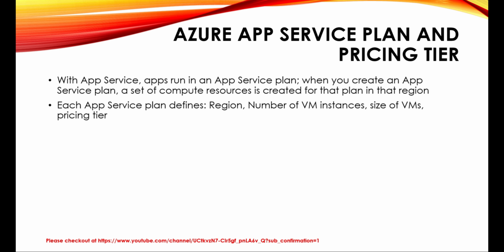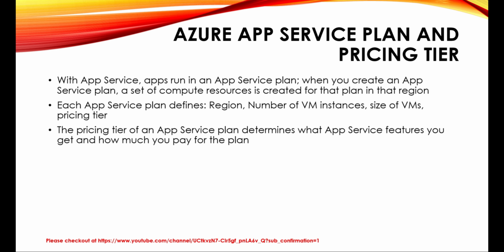The pricing tier of an app service plan determines what app service features you get and how much you pay for the plan. All right, now let's talk about the pricing tiers.